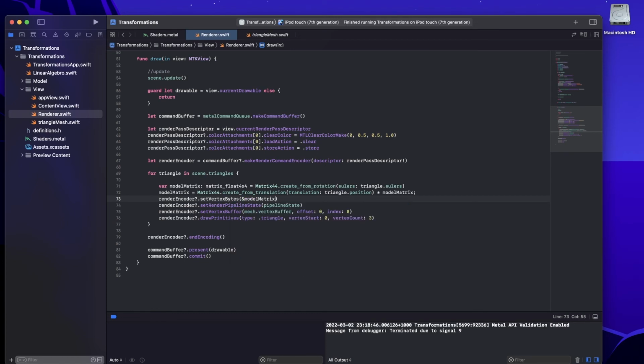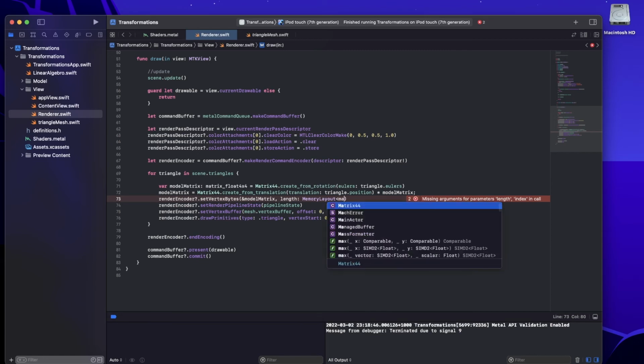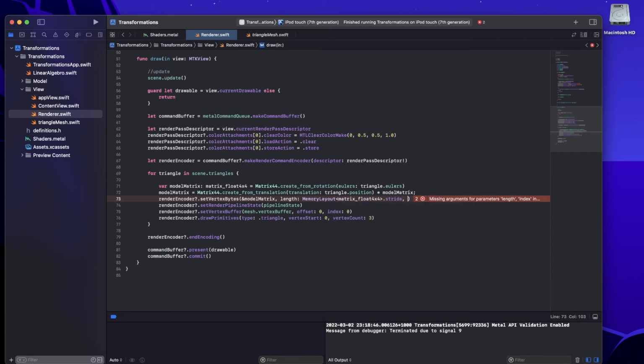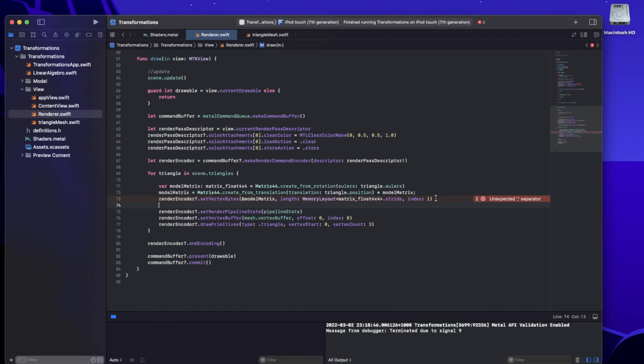We're going to send in that model matrix. And then we have the size of the thing that we're sending in, which is essentially the stride of that data structure. It's how big is it in memory. And then the last thing we need is the index. Now we used index 0 already on the buffer, so now we're going to use index 1. Cool. All right, so let's set this up so that the triangle is doing something.